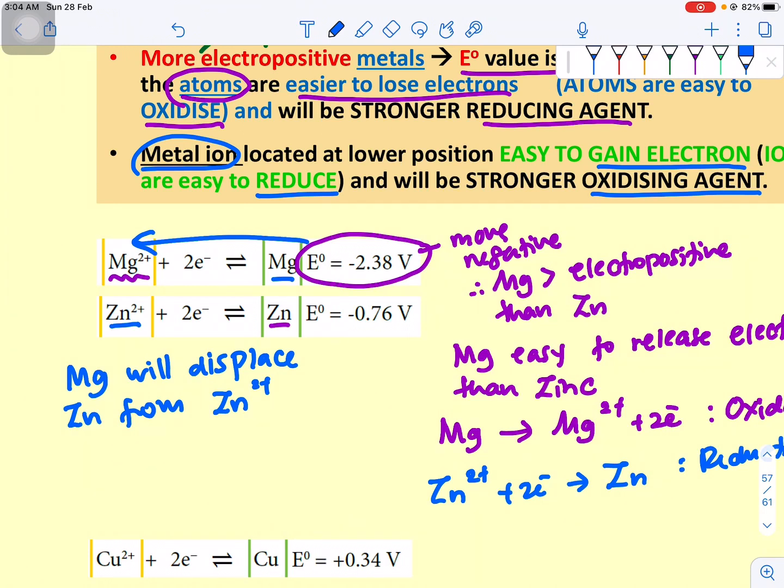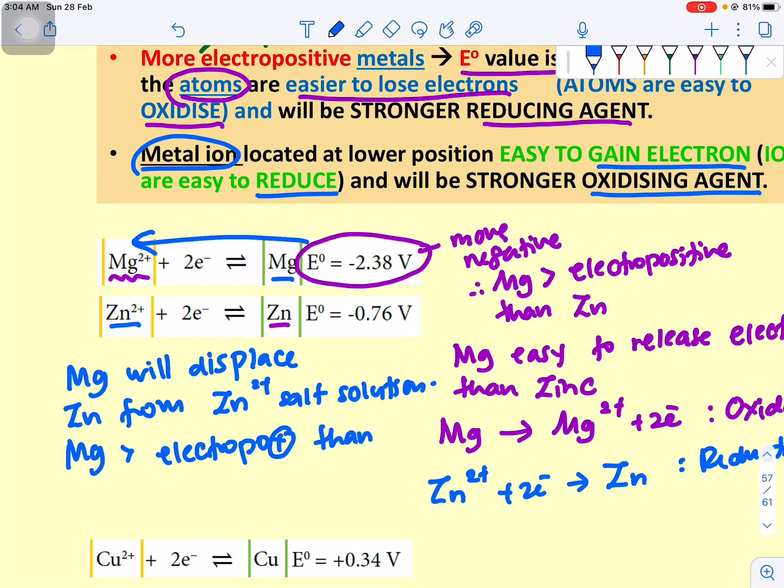Zinc ion solution. Okay. Why? Because magnesium is more electropositive than zinc. Mana kita tahu?